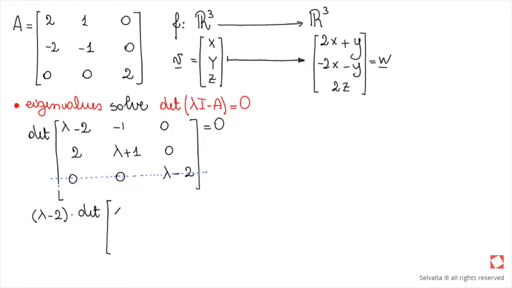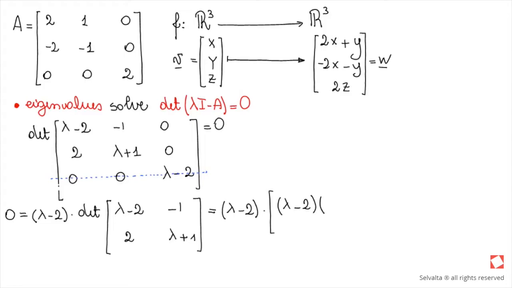Then we have the determinant of lambda minus 2, minus 1, 2, lambda plus 1. This has to be equal to 0. We have lambda minus 2 multiplied by the determinant of the 2 by 2, which can be simply obtained: lambda minus 2 times lambda plus 1, and then we add 2.